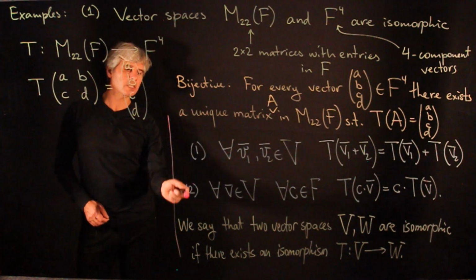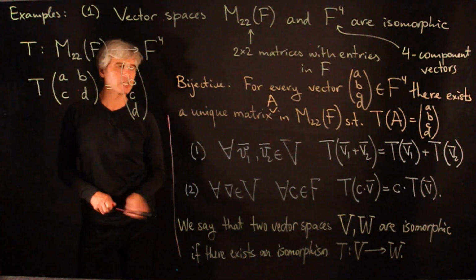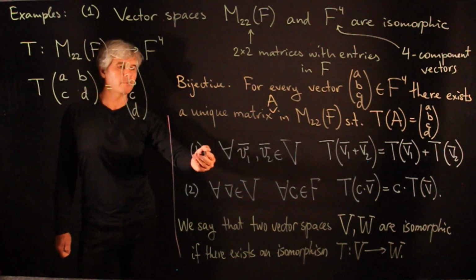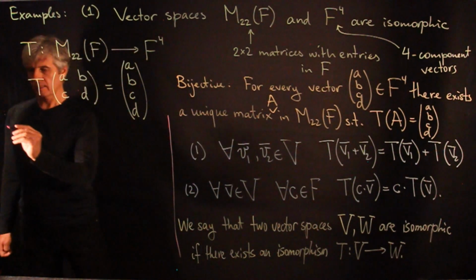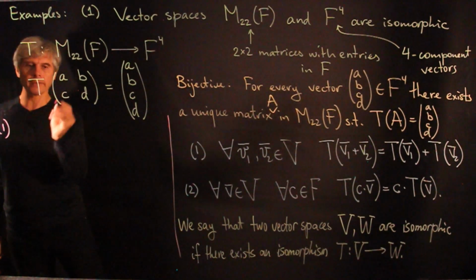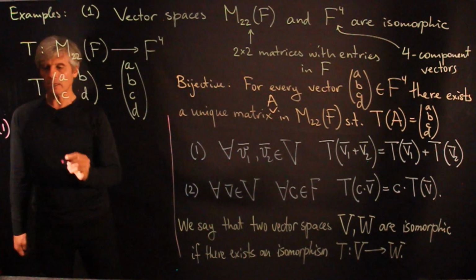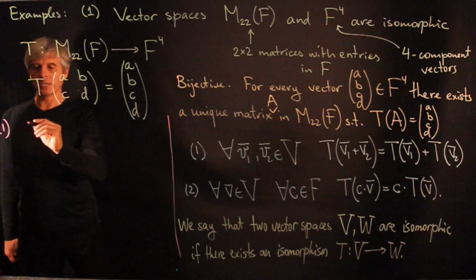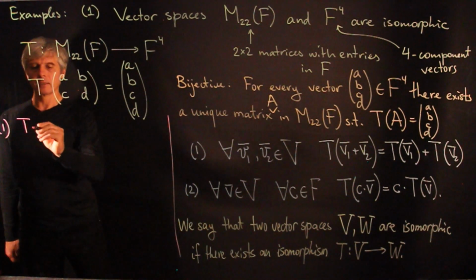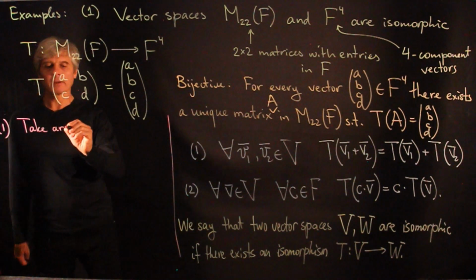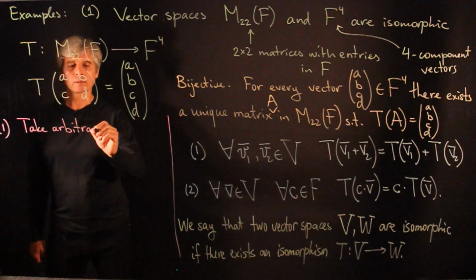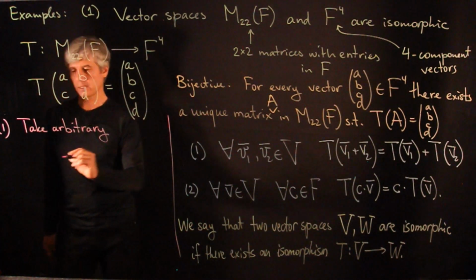Now let us discuss compatibility with the vector space structure. What property 1 says in this context. So here we take an arbitrary pair of matrices.